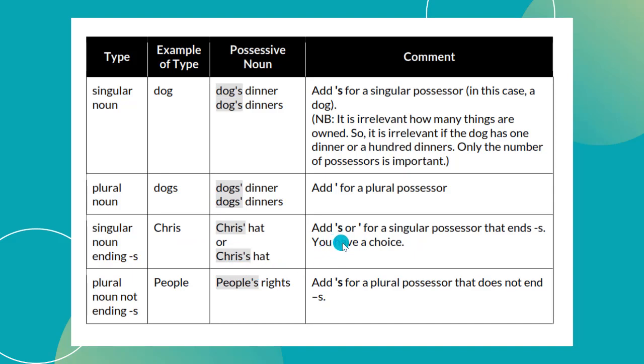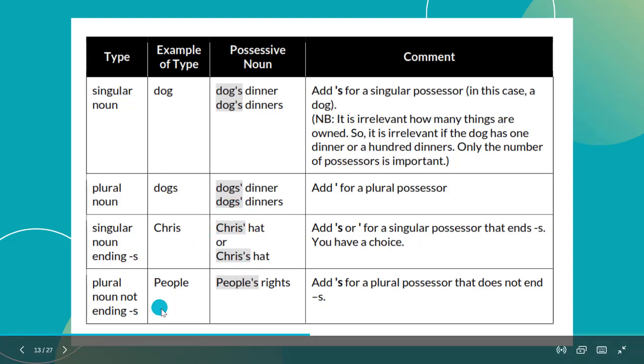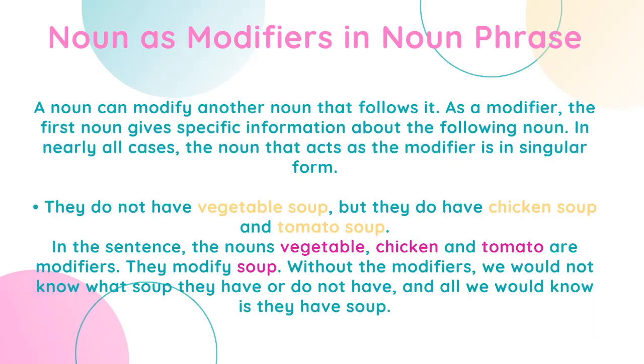So adding apostrophe s for a singular possessor that ends in s, you have a choice. You can choose this or this, but this is more likely to be common. Okay, so a plural noun not ending in s, people, so people's. Okay, so that's the type of possessive noun with an apostrophe.